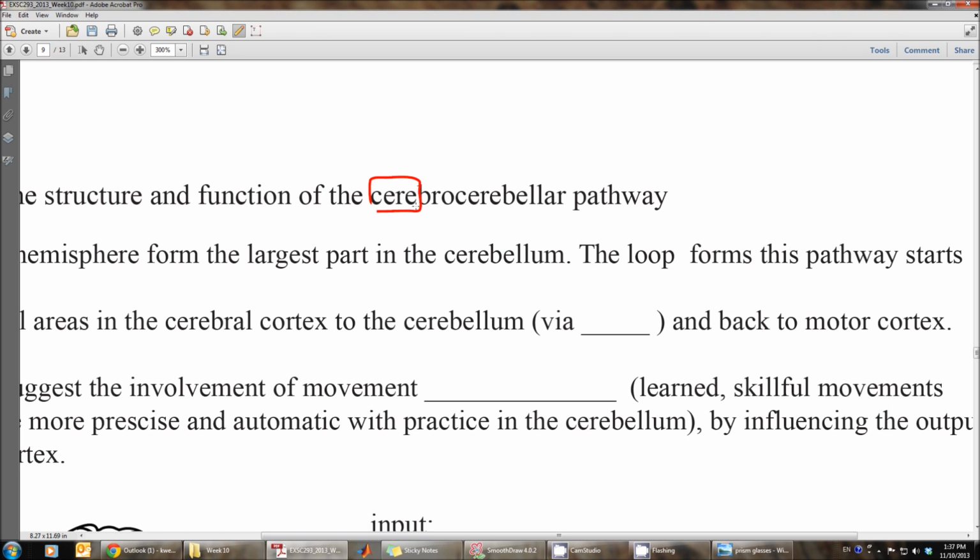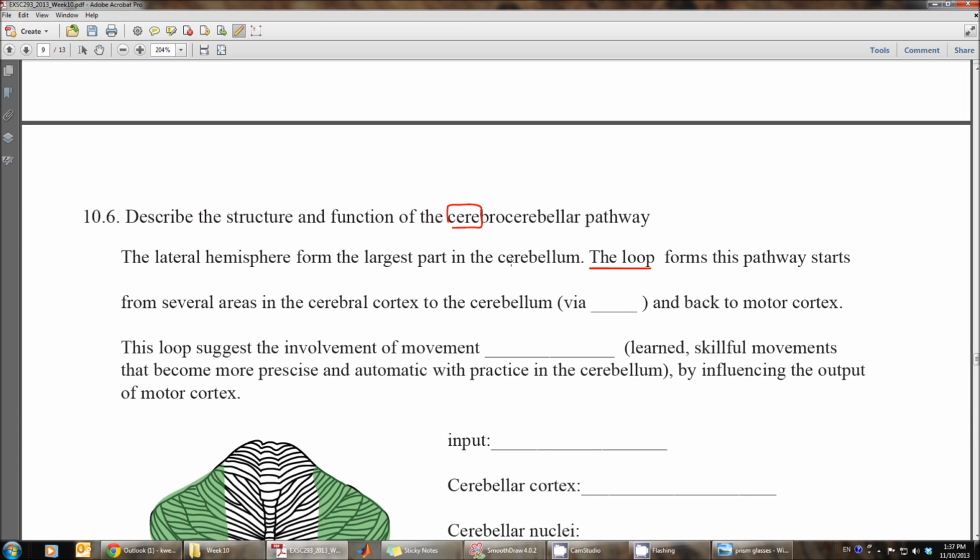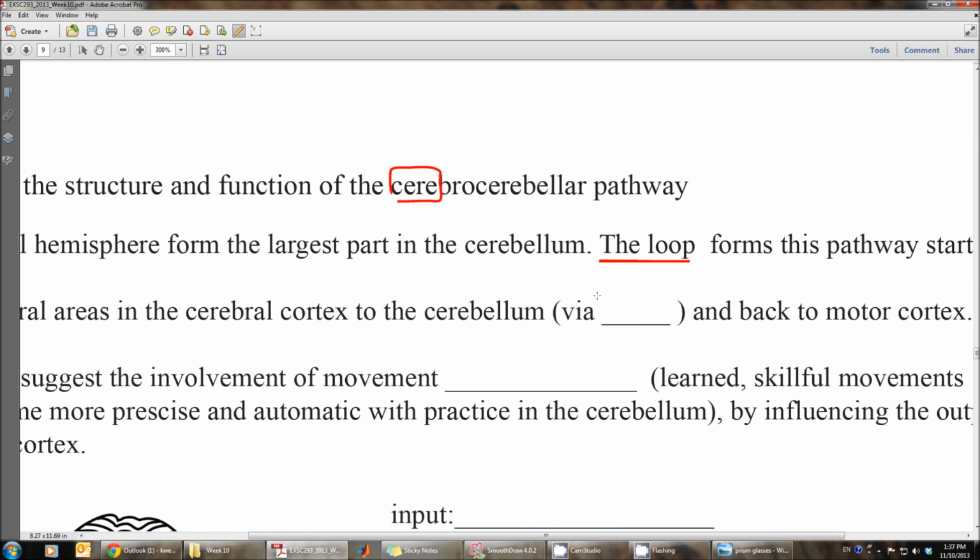So it starts from the big brain, goes to the cerebellum, and goes back to the big brain. So it forms a loop. And because it has to go from the big brain to the small brain, it has to go through the bridge, which is known as pons in Latin. So this cerebrocerebellar pathway has to go via the pons.